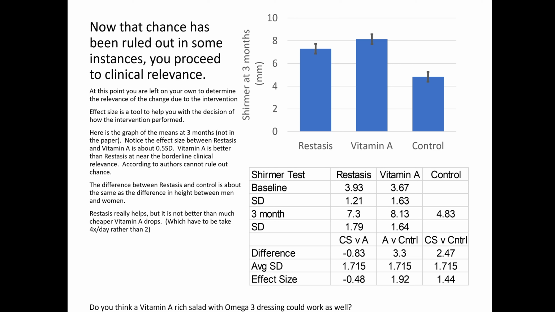But my question is, if Restasis costs between $300 and $500 a month for the rest of your life, insurance doesn't always cover that. I know at Pacific University for employees, their insurance does not cover Restasis.